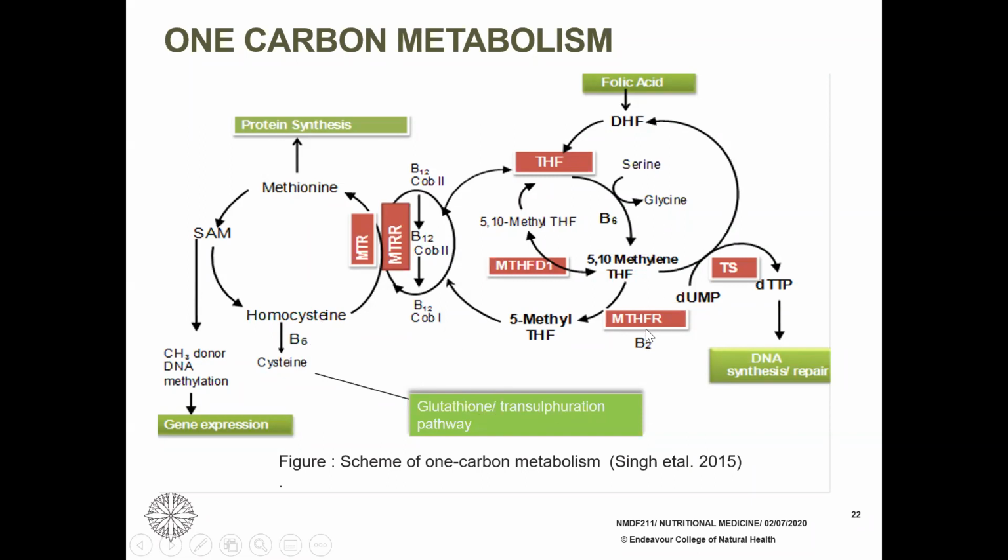Maybe I don't have an MTHFR mutation, but if I have an MTR mutation, then also these pathways would be impeded or inhibited. Okay, I'm going to shut up now and take questions.